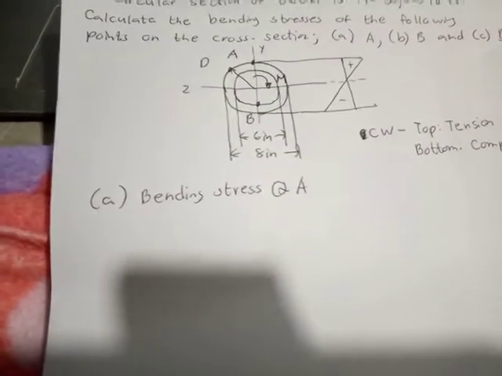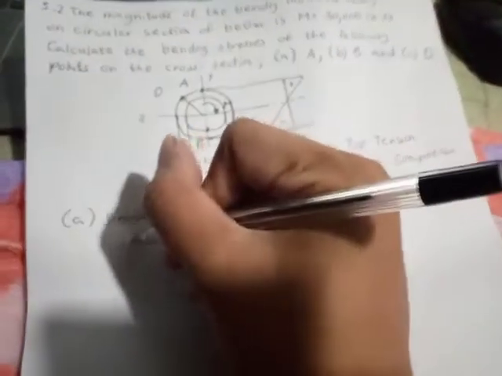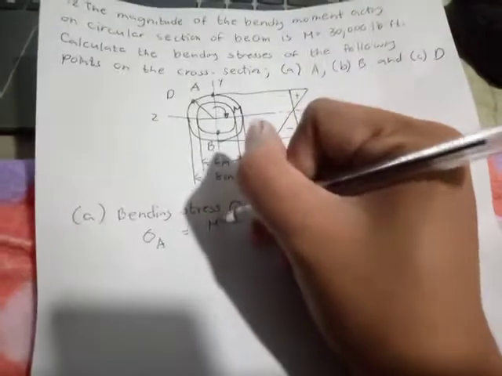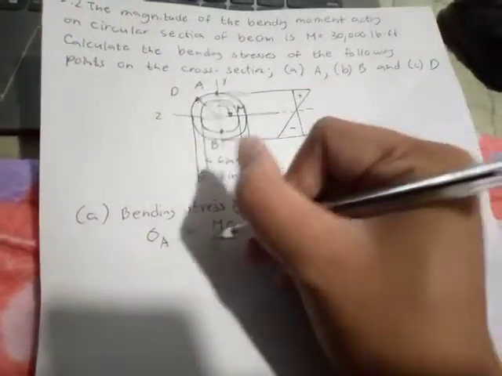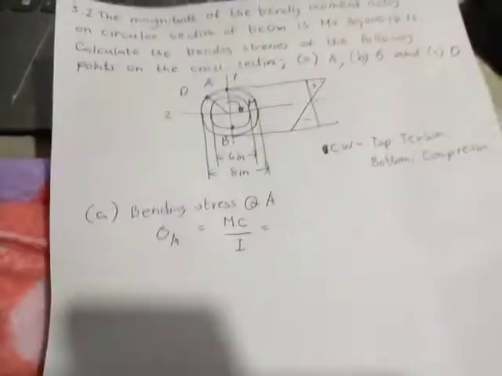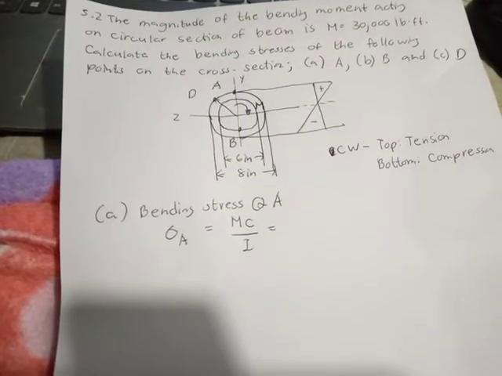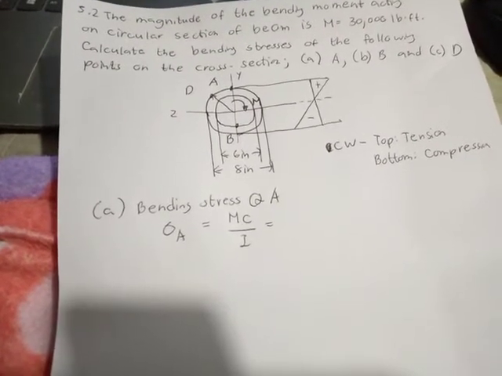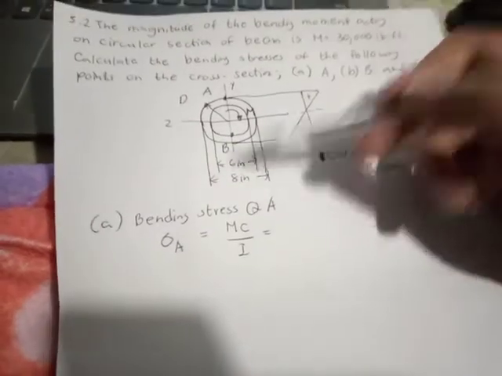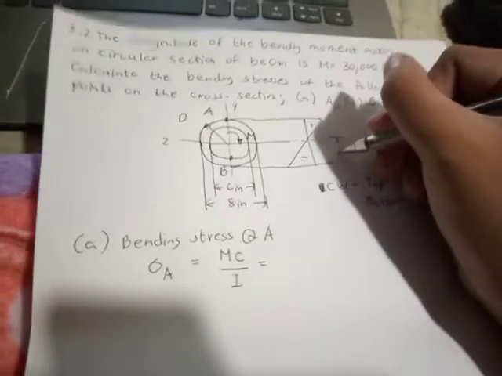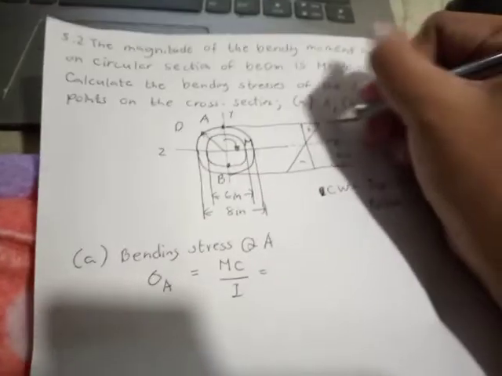There are two ways to solve this, but I prefer to use this formula. Stress at A is equivalent to MC over I. Our C is, since this is 8 inches, this portion will be 4 inches, and this will be 4 inches also.